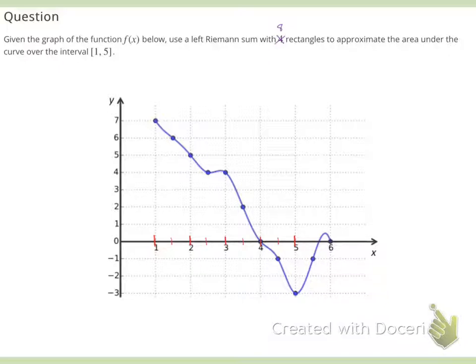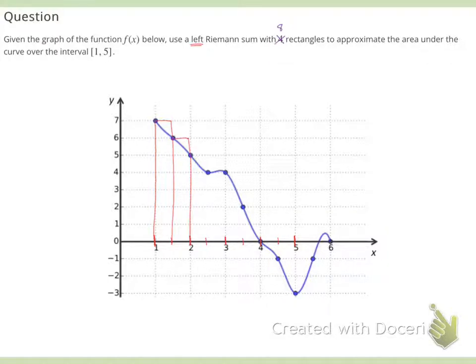This is a left Riemann sum, which means that the heights of the rectangles are going to come at the left, where the left side meets the curve. If I write this first rectangle, the left side of the rectangle is at 1. The next rectangle is at the left side at 1.5.